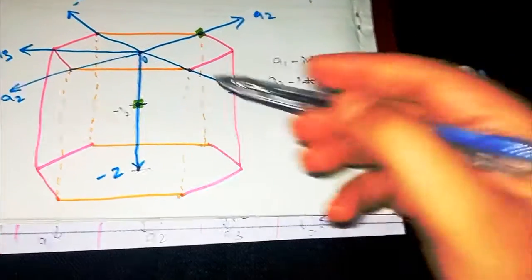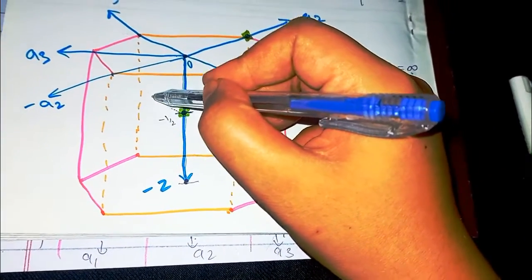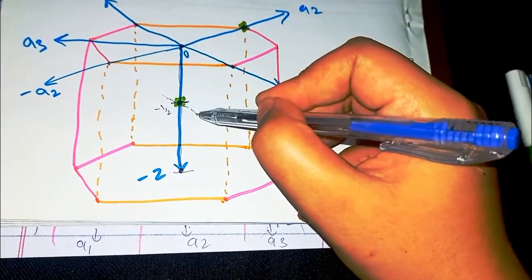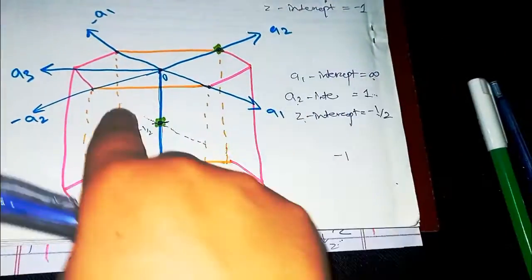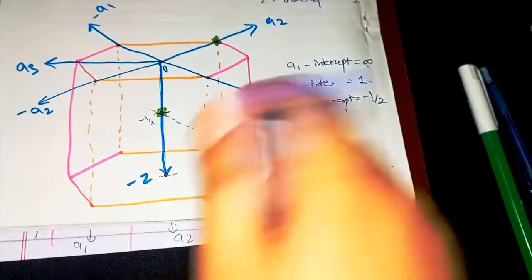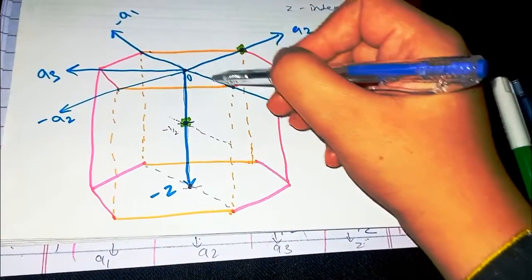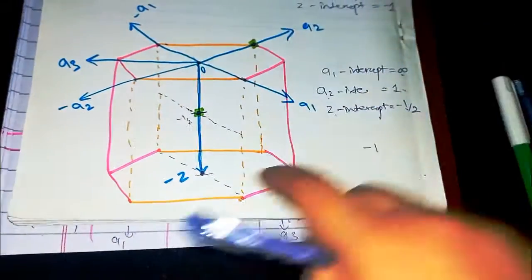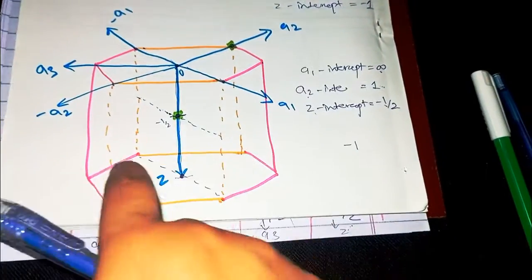You can produce this diagonal line so that it passes through this point, which will help you in extending those parallel lines. Okay, I hope you are getting my point. We'll draw this diagonal line so that you know where the a1 direction is.